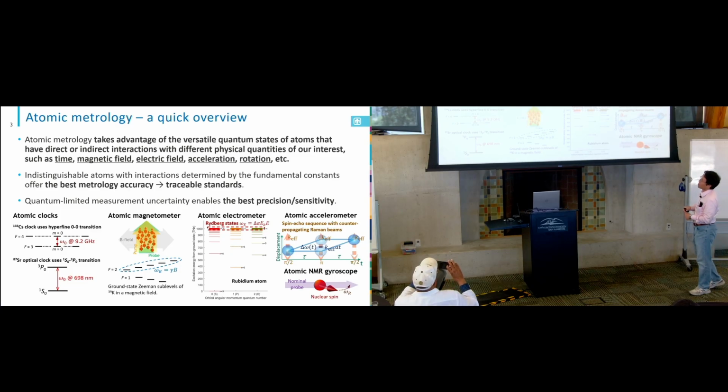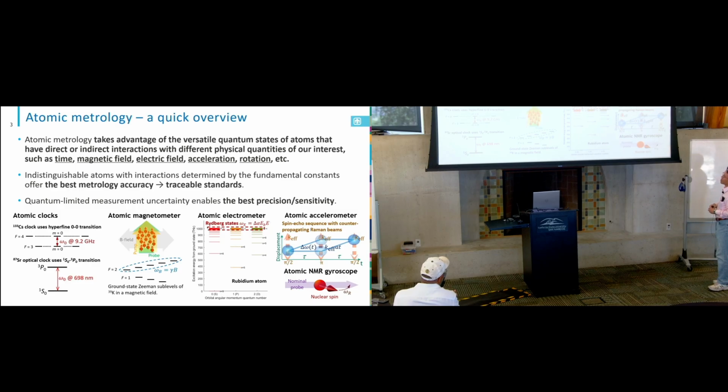The reason we like to use atoms, one very important reason, is that we believe atoms are indistinguishable, meaning they are basically the same regardless of where you find them, on this side of the Earth or the other side of the Earth, or maybe even in another corner of the galaxy. And this is what we believe.